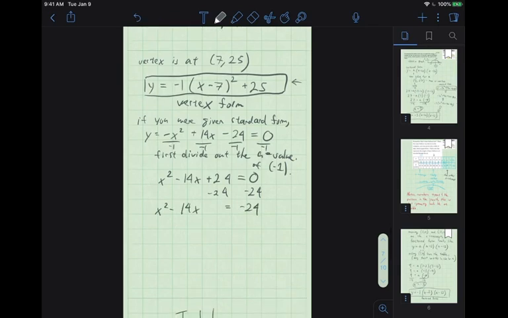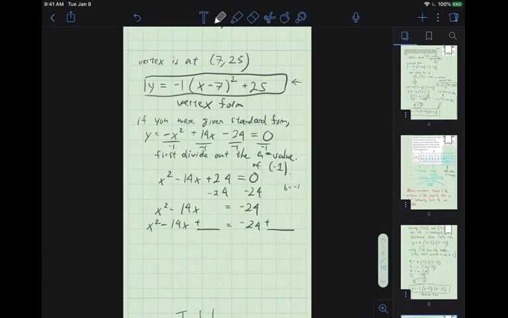We think about what to add on. So our b value here is negative 14, b over 2 is negative 7, b over 2 squared equals 49. So that's what we're adding on to both sides. Why? Because now this thing factors nicely back. It should look familiar.